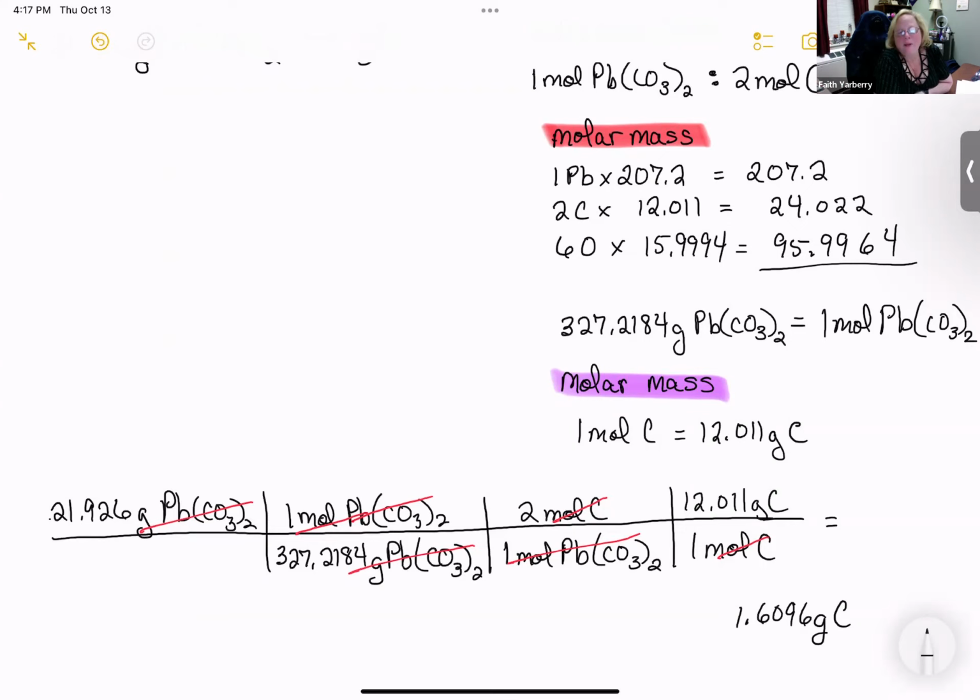Questions about our first encounter of stoichiometry? We will encounter stoichiometry a lot more. By the third test, we'll start to encounter it more, and definitely by the final, you will be encountering it a lot.